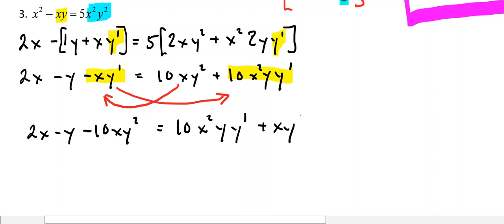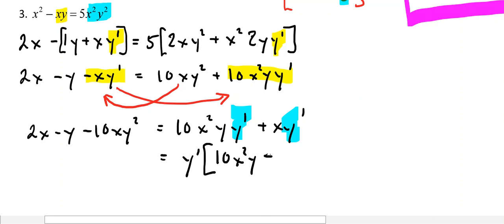Factoring out the y prime on the right-hand side, we are left with 10x squared y plus x. And we have all of this over on the left-hand side. And now we want to divide both sides by this.